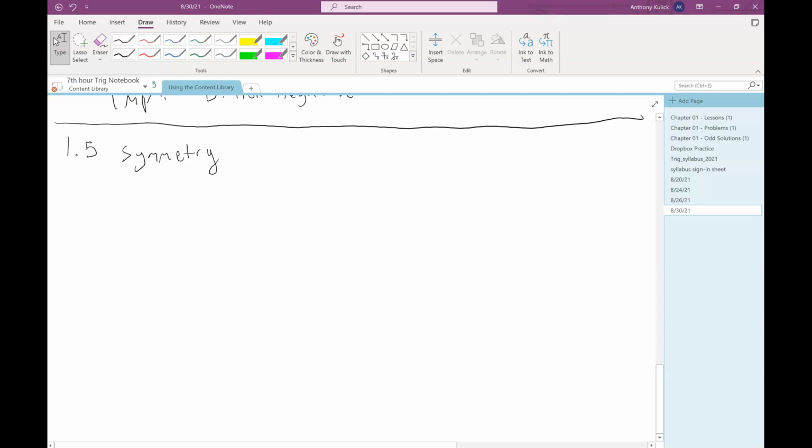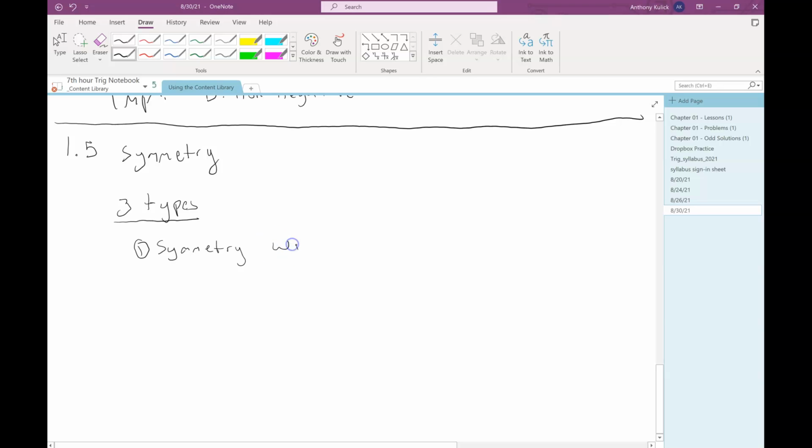Today we're going to talk about another attribute of functions called symmetry. There are three major types of symmetry that we'll talk about in this class. The first type is called symmetry with respect to the x-axis.